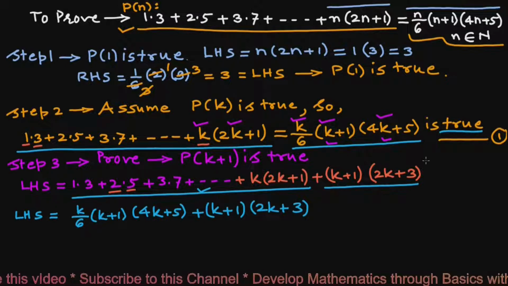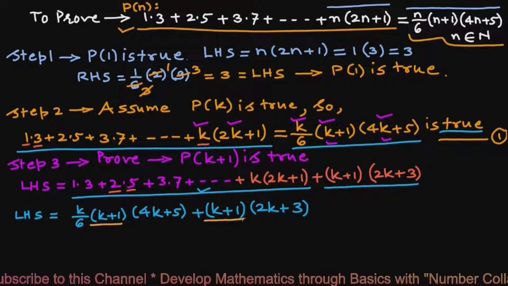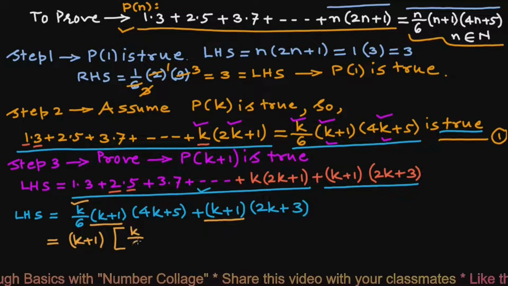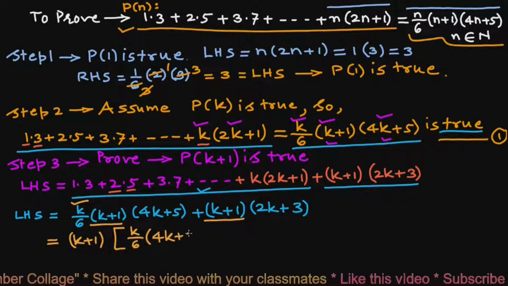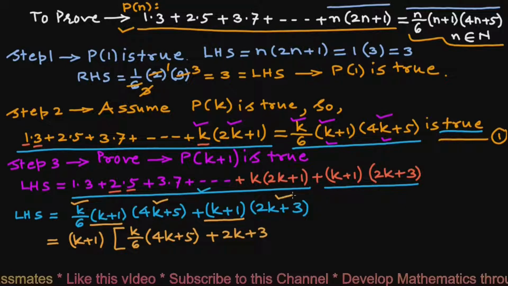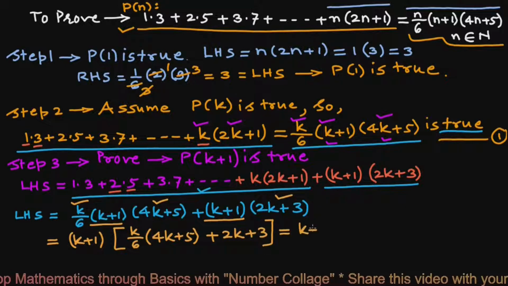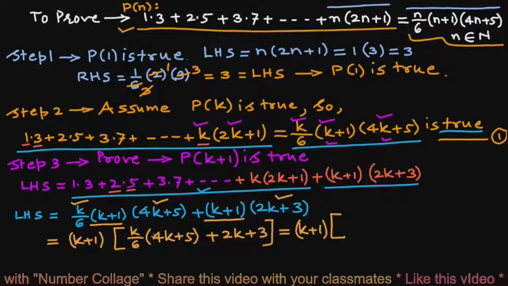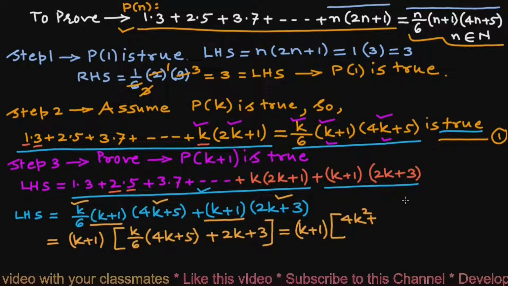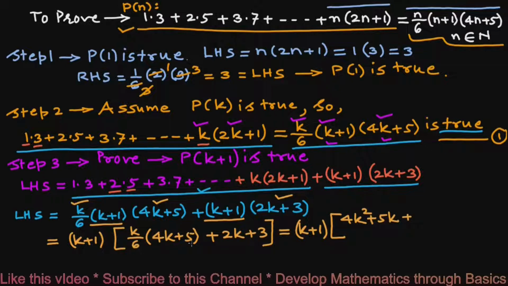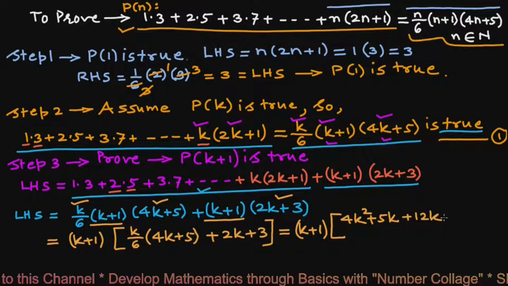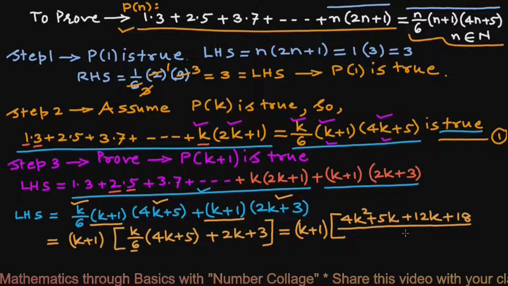Now here we will take this k plus 1 common and write k plus 1 into this k by 6 into 4k plus 5, which is this part, plus 2k plus 3, which is this. It will be k plus 1 multiplied by k multiplied by 4k plus 5 will be 4k square plus 5k, plus 6 multiplied by 2, 12k, plus 6 multiplied by 3, 18, upon this LCM 6.